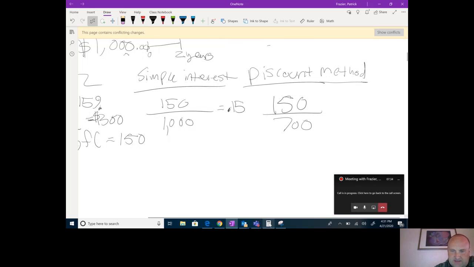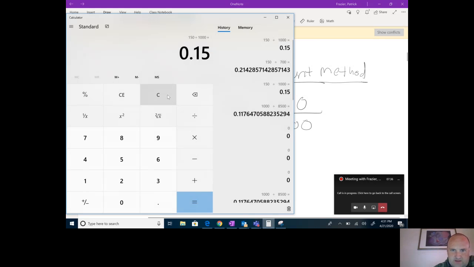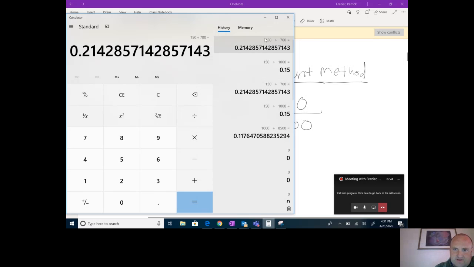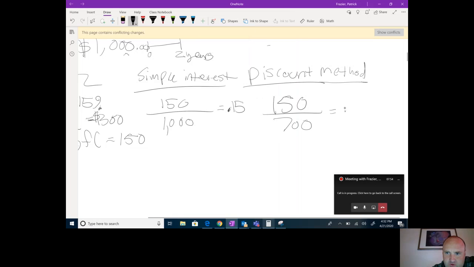And what is that? Okay, so 150 divided by 700 is equal to 0.214285. And then if I move the decimal point over, that's actually going to be 21.4285%.